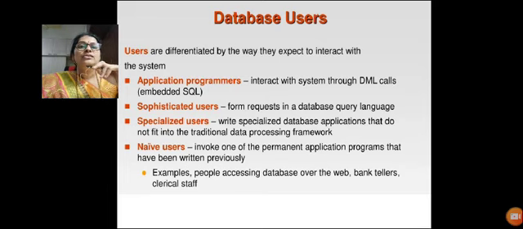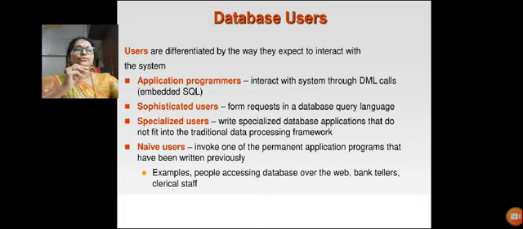The second type of user is the sophisticated user. These are computer literate people, also called computer professionals, but they do not write a program. To interact with the system, they use a query language like SQL. That type of user is called a sophisticated user.